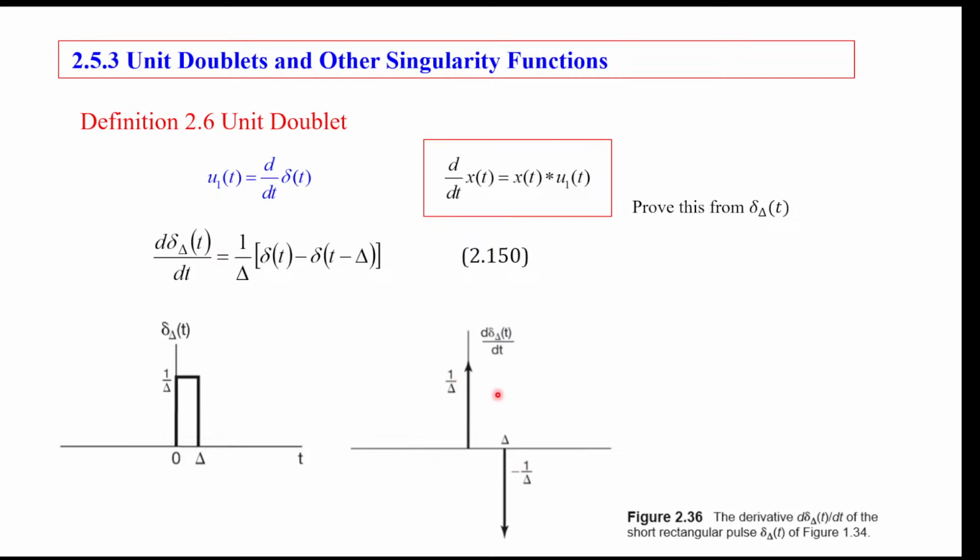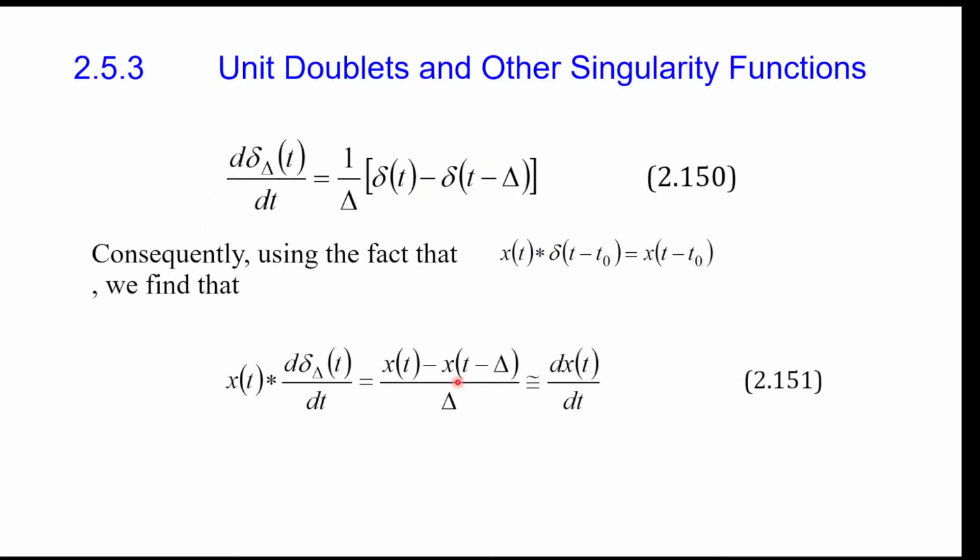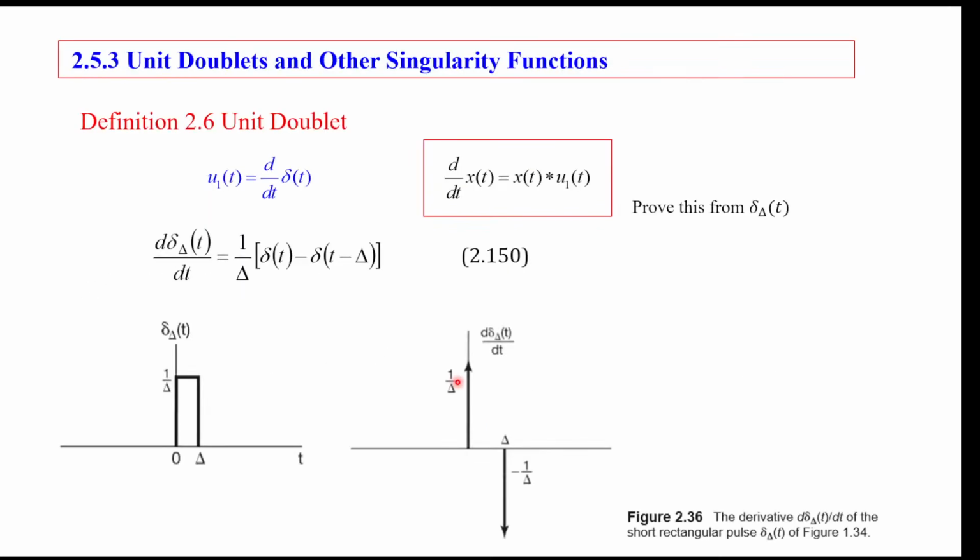So even when triangle is not equal to 0, this triangle approximation of u1 is already singular, and it's a positive infinite spike at 0, and a negative infinite spike at the triangle.